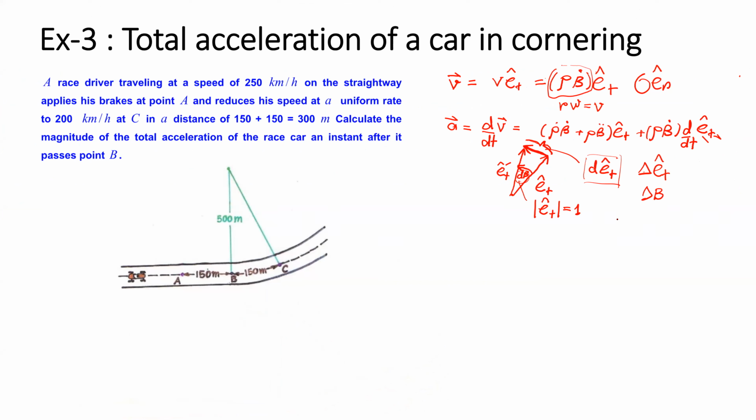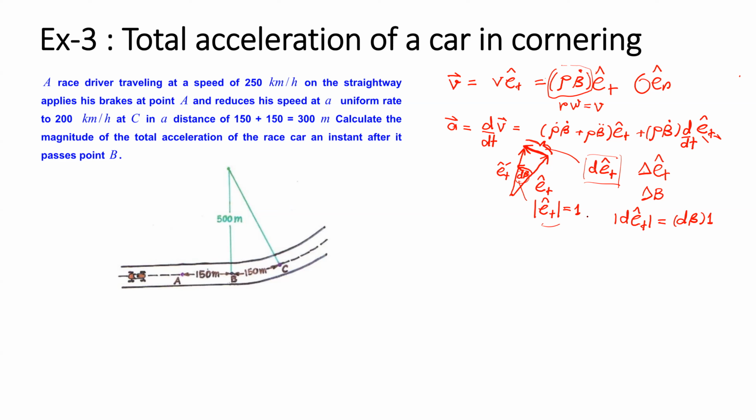So the magnitude of the delta is equal to d beta multiplied by 1. If you consider only the magnitude, it's just the small angle multiplied by the length of the unit vector.